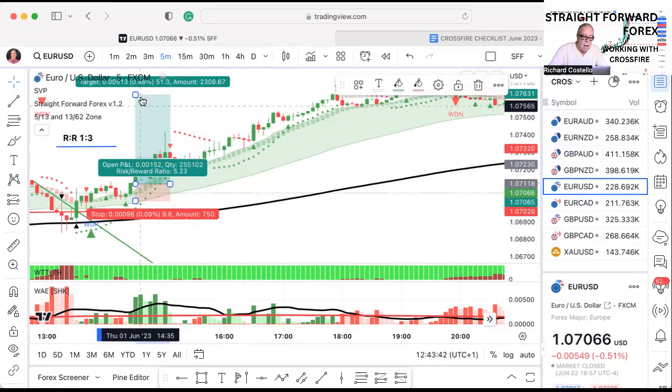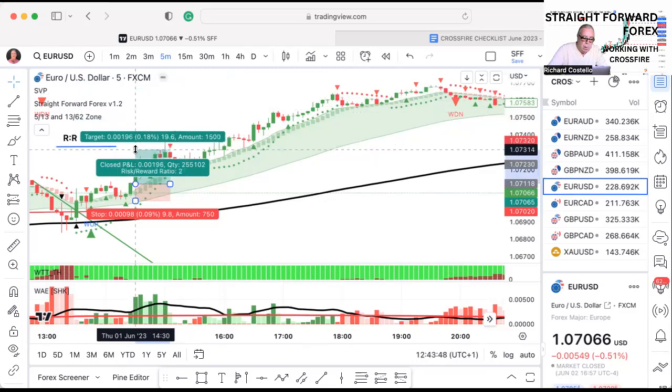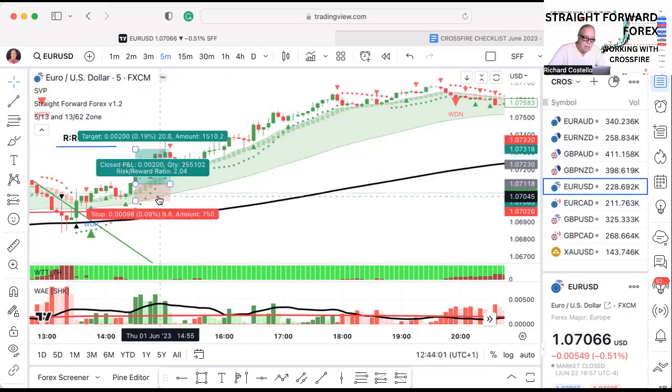Now, for me to get a 1 to 2 risk to reward, as an example, I'll put it to that point. We'll leave it at 2.04, but I'm trying to explain that if my stop loss represents 1% of my account, then this take profit up here would represent 2% of my account.